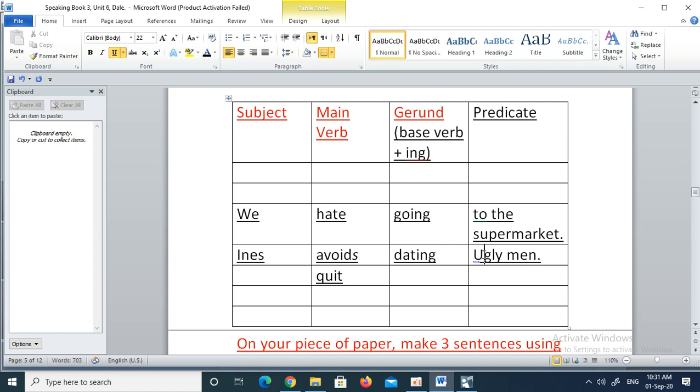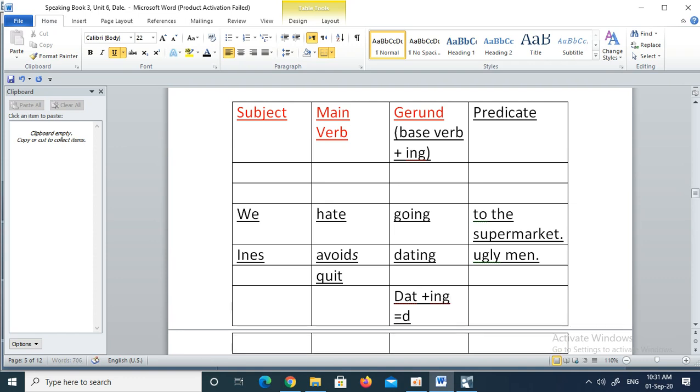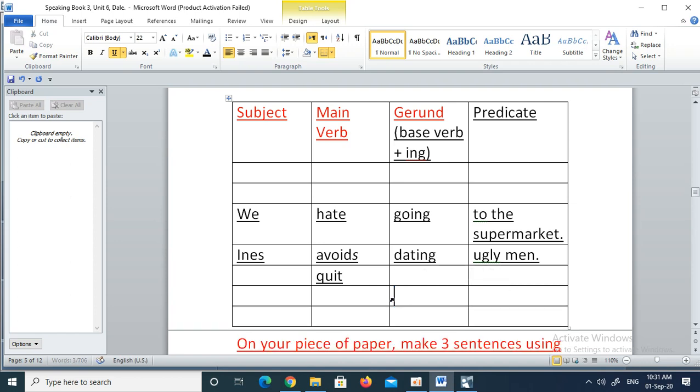Okay. Remember, if date is the verb and it ends in an E, we drop the E and then we add the ing. So then it equals dating. When there's one E at the end of the base form, you drop that E when you make the gerund.